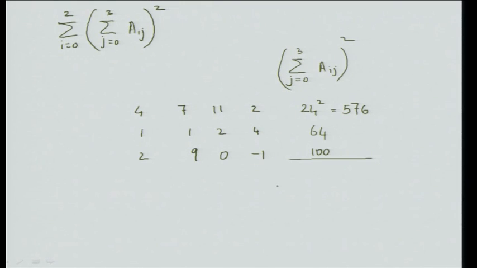So what I have tallied on the right hand side is that for each row you sum the numbers, take that sum and square it. And then finally, in order to compute what we want, which is the summation over i equal to 0 to 2 of the summation over j equal to 0 to 3 of a_ij, squared, all we need to do is to sum these numbers up, and this turns out to be 740.